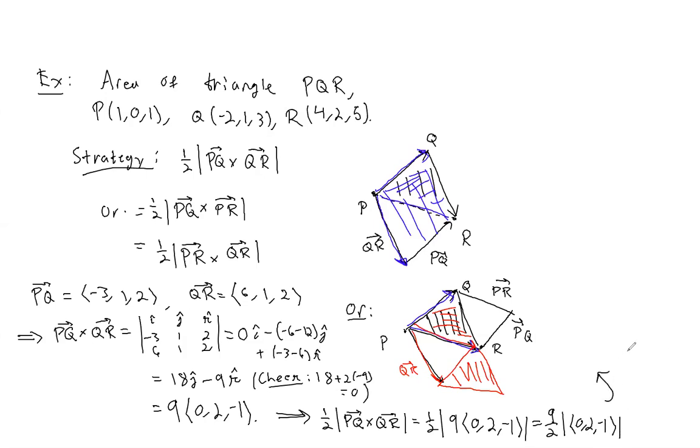I'm going to continue this up here, which basically gives us 9/2 times the square root of 4 plus 1, or in other words, 9/2 root 5. That is the area of this triangle, 9/2 root 5.